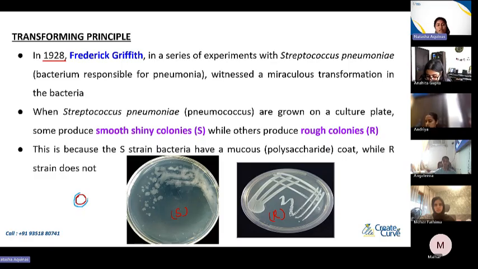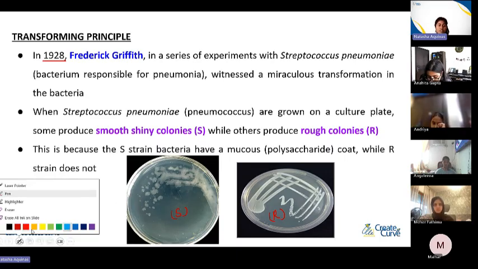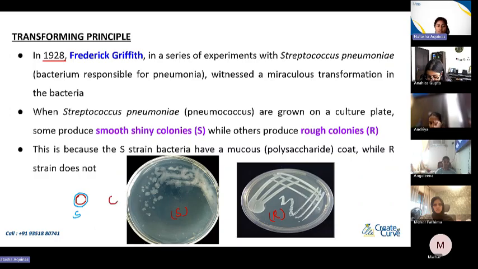What is polysaccharide? It is nothing but long chain sugars. This polysaccharide coat gives it that shiny, smooth appearance. This is the S strain, whereas the R strain, the rough strain, just looks like this. It does not have the mucus polysaccharide coat, and therefore it gives a rough appearance.